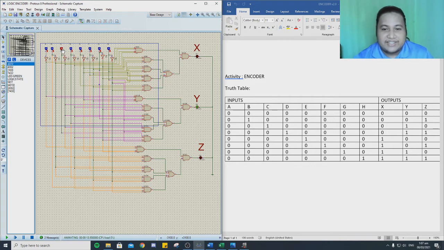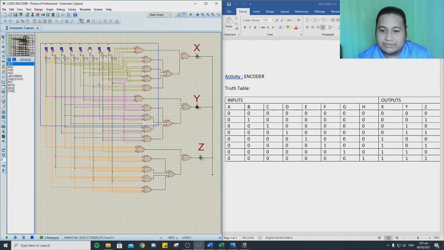And if only C is the input, you will have only Y. If D is the only input, you will have both Y and Z. If E is the only input, you will have only X.